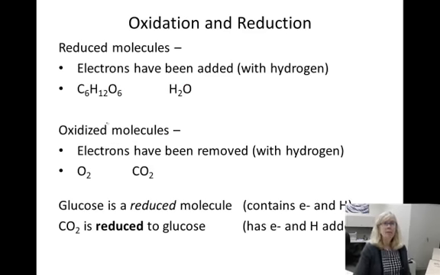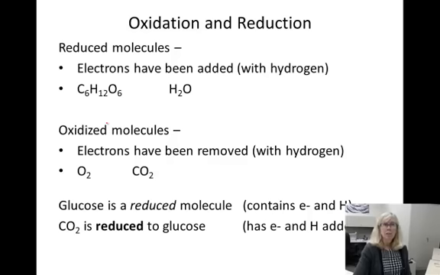Our final topic is on oxidation and reduction. It turns out that the metabolic processes of cellular respiration and photosynthesis are based on oxidation and reduction reactions. Reduced molecules are defined here as molecules to which electrons have been added, along with hydrogen ions that tend to come with electrons. Sugar is a reduced molecule, as is water.